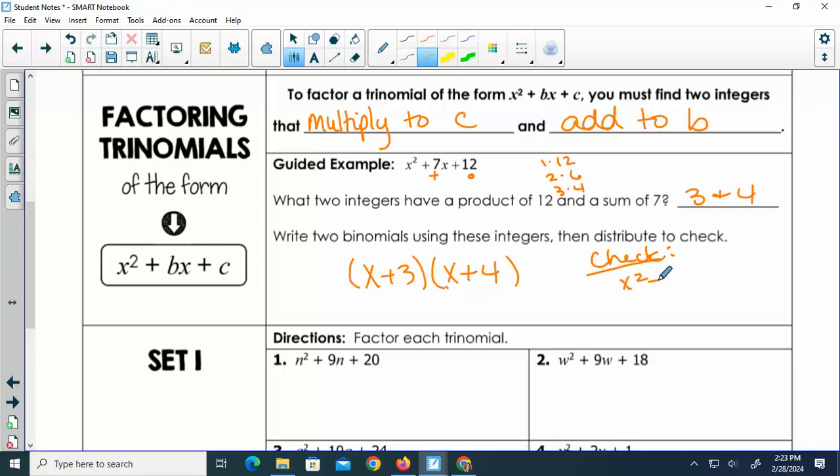X times 4 is 4x. 3 times x is 3x. 3 times 4 is 12. So we get x squared plus 7x plus 12. Is that what we started with? Yeah. So on any factoring problem, we can always double check our answer by multiplying it out and seeing if we get the original back. Okay? Any questions so far?